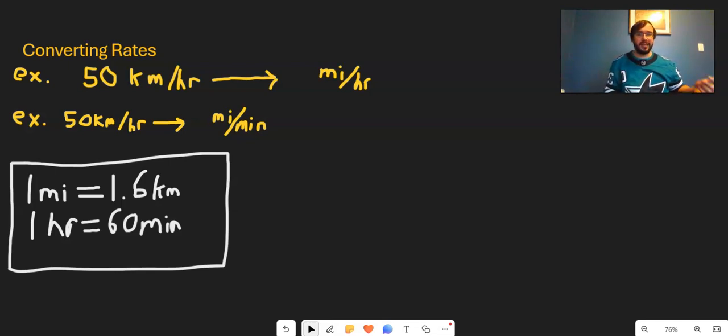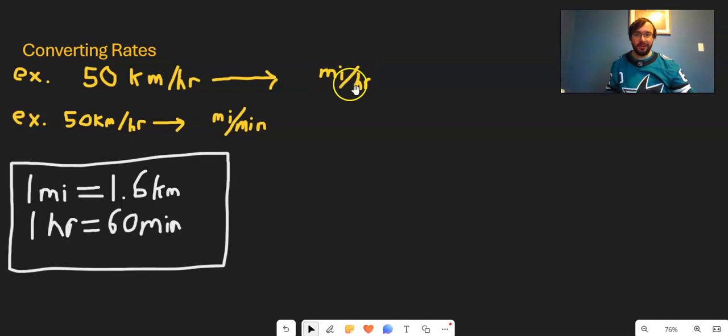So rates are things like kilometers per hour, miles per hour, dollars per kilogram, like when you're at the grocery store shopping for produce. You'll hear the word per in there, and one way of thinking of this is thinking of these units like a fraction. I mean, it is a fraction, right?